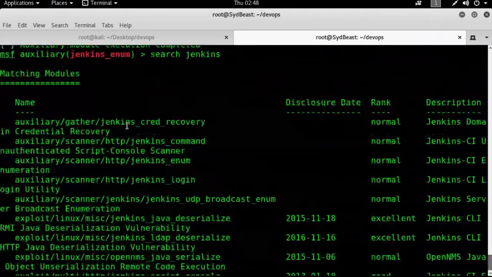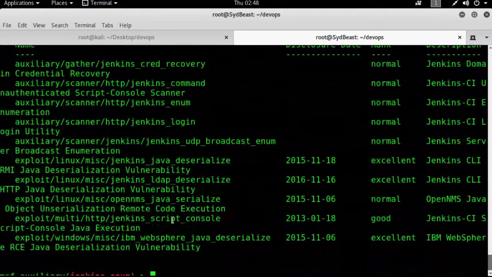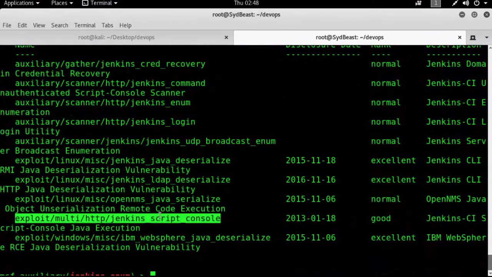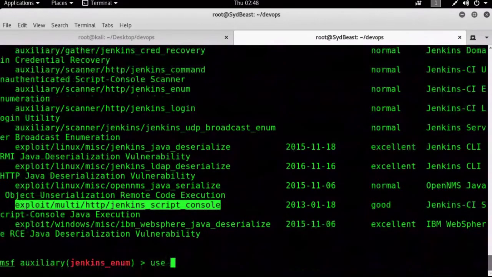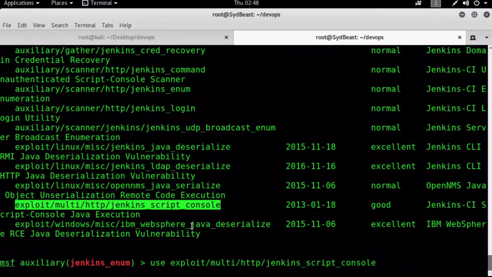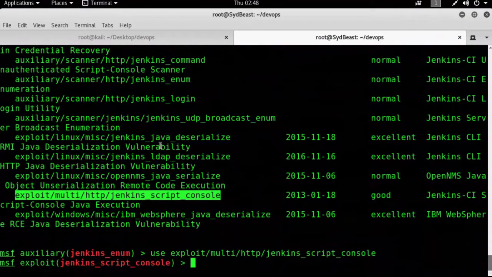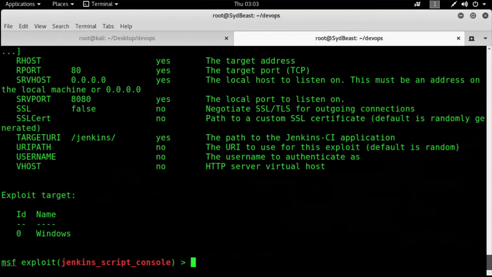Searching for the particular module, we find the one which is just a Jenkins enumeration. This one's actually a script console. So let's see if the script console will respond and if we can do anything here.